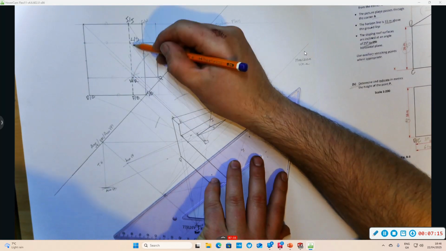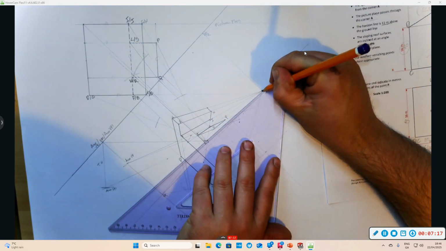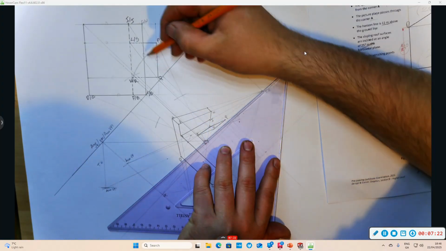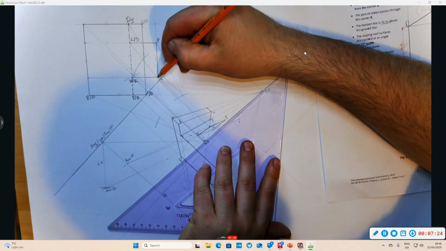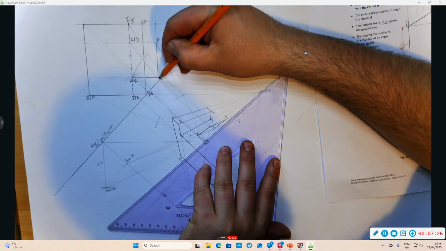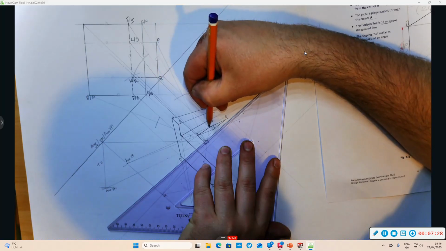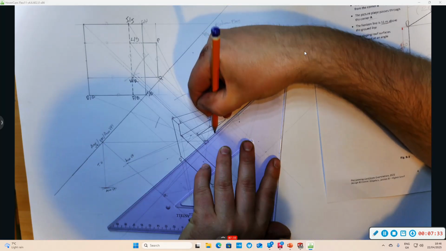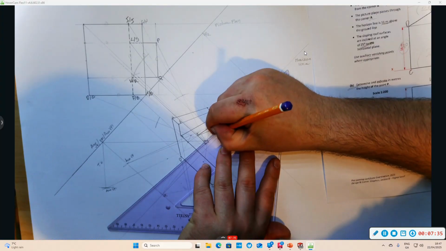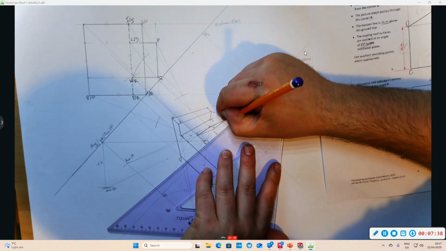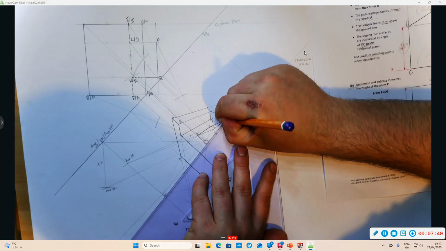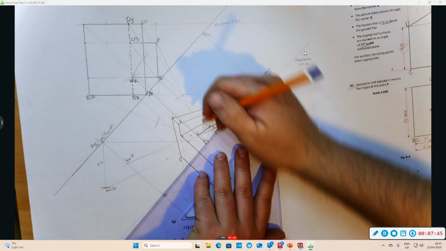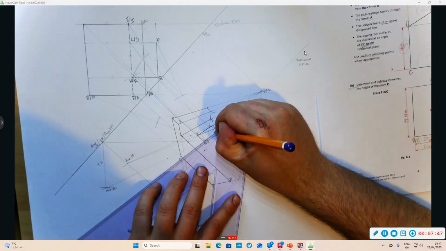R to S goes to VP2. So I can join that back to VP2. Where the line coming from this here touches the picture plane, that's point S. And it's no coincidence that them joined together would touch at VP1.